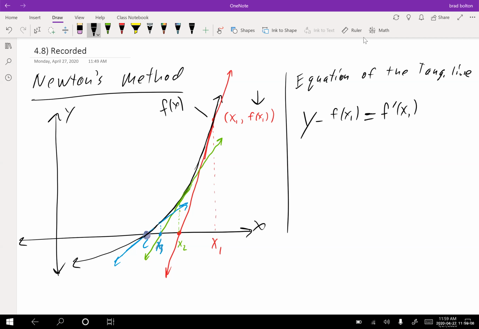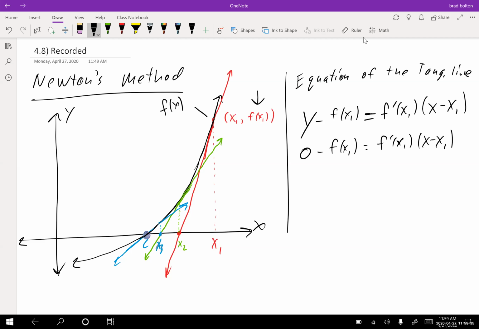That's the slope of our tangent line. And then we do x minus x sub 1, okay? So this would be our tangent line. And we're interested when it crosses the x-axis, so that means the height is 0. So then technically we know that this is 0 minus f of x sub 1 equals f prime of x sub 1 times x minus x sub 1.